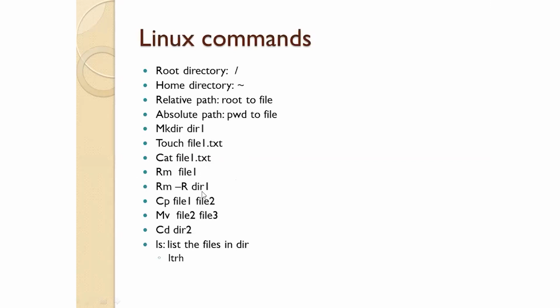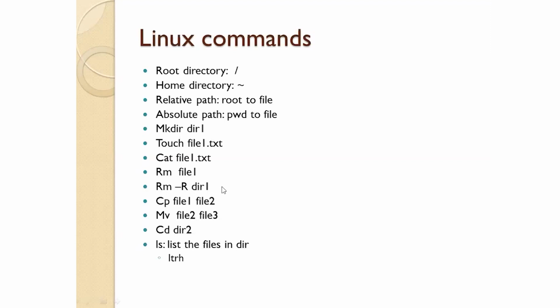So what happens when you want to remove the directory itself? When you give rm and the directory name, if that directory has any files, then it won't be deleted. You will not be able to delete it directly. First, you have to remove those files, then give rm directory1, and that would delete the directory.